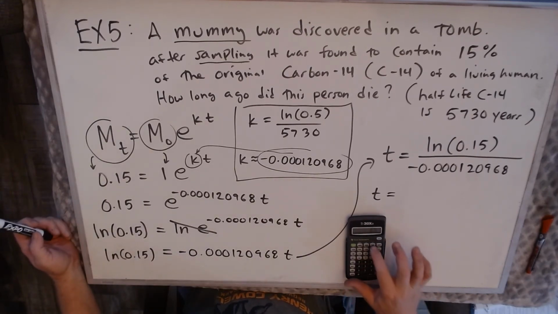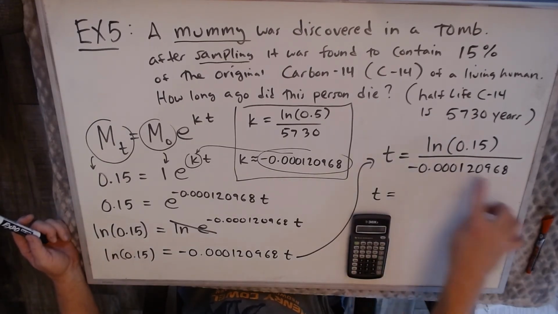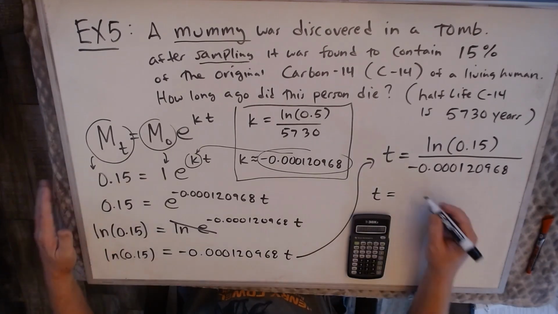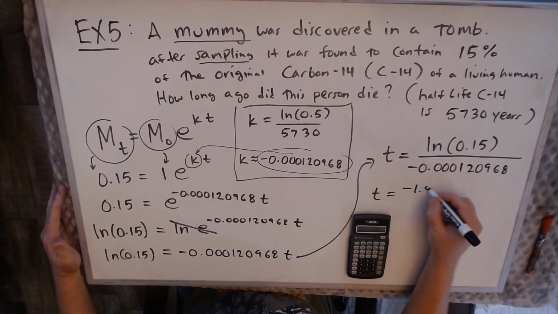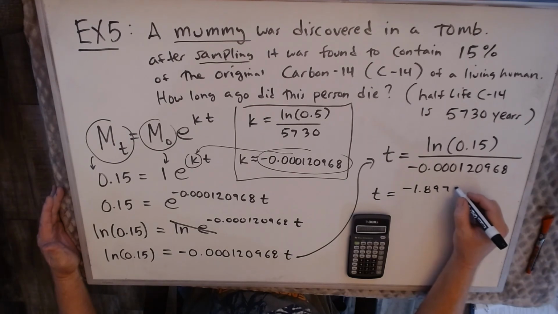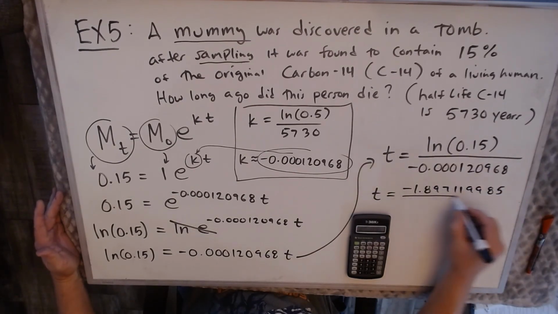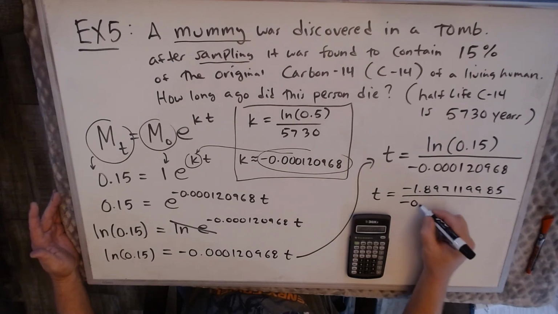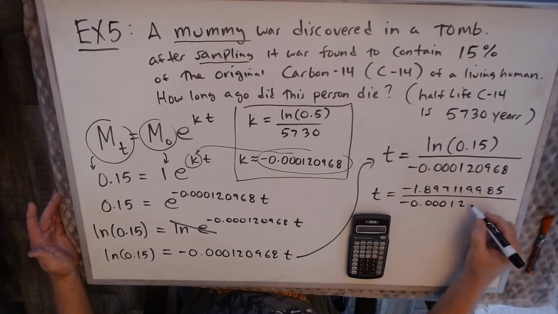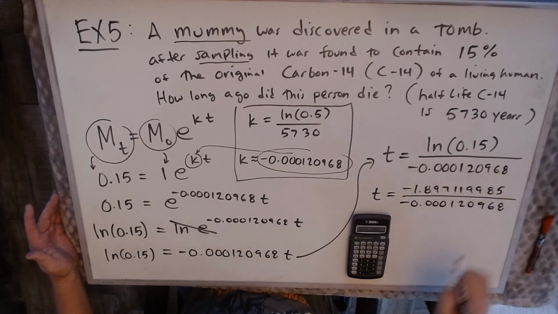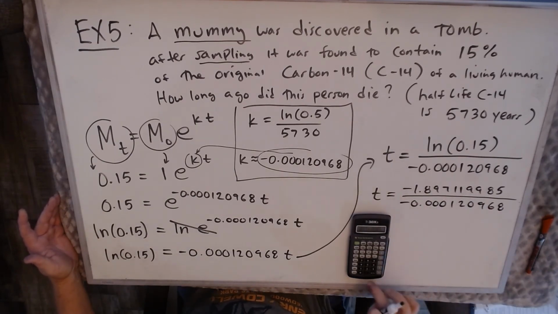So 15%, take the ln and then divide it by, let me go ahead and write this down in case I screw up. I want to have a record of my screw up. Send me an email if you find any of my screw ups. Divided by 0.0001200968.